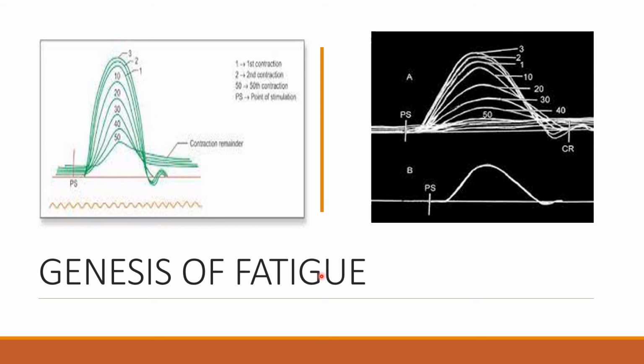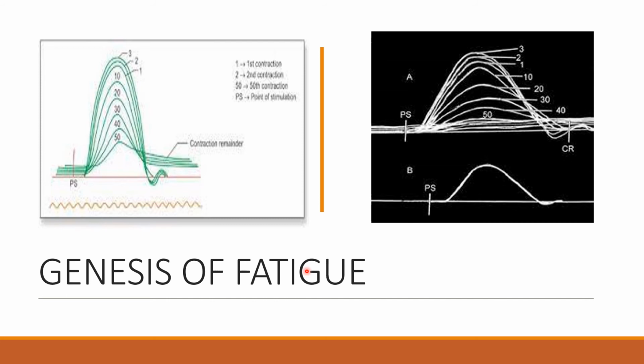In humans, the site of this fatigue is the central nervous system, and in this nerve muscle preparation, the site is the neuromuscular junction. The principle is that when the nerve muscle is repeatedly and continuously stimulated, the muscle will be fatigued.